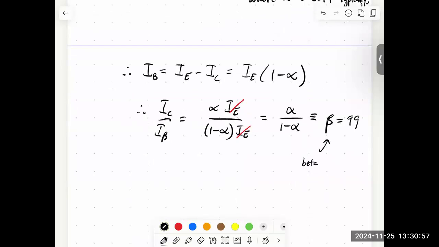And so one thing this tells us is that the transistor is like a current amplifier. It can be used as a current amplifier. If I supply some small base current, the resulting collector current is about 100 times bigger than that. So we get a large current gain.